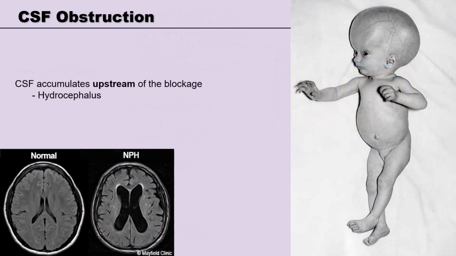If there is a blockage, we can see pathologies like hydrocephalus. Upstream of the CSF circulation accumulates undrained CSF and the ventricles begin to swell. This radiograph demonstrates the extreme swelling of the lateral ventricles. These are filled with CSF fluid. This is commonly known as water on the brain.